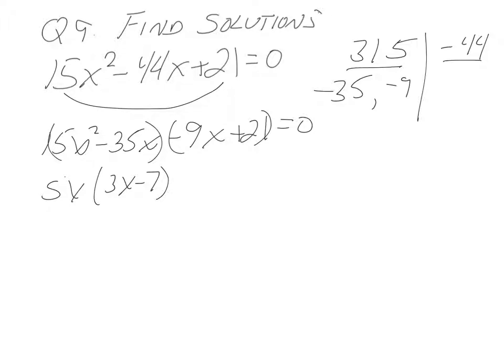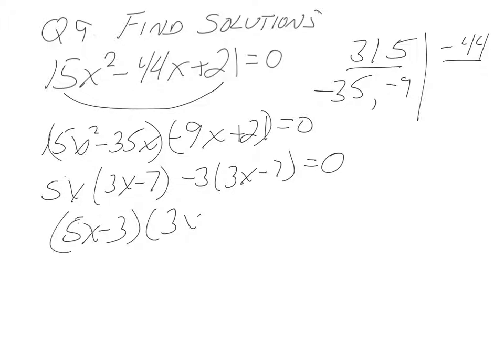The greatest common factor between negative 9x plus 21 is negative 3, leaving me with 3x minus 7. So we can see that we've got the 3x minus 7 in common, so this becomes 5x minus 3 times 3x minus 7 equals 0.